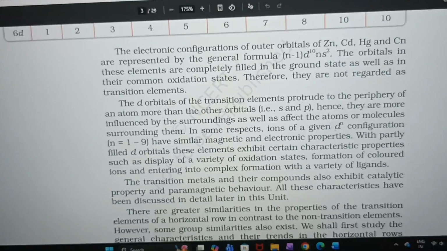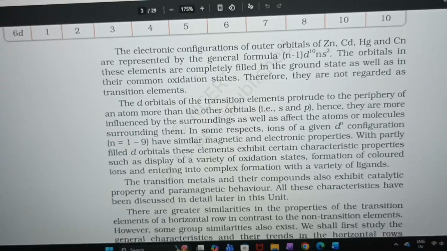Now if suppose you're getting two ions that are having d6 and d6, if that is the same, then they will have similar magnetic and electronic properties. And with partly filled d orbitals, there are some characteristic properties: variety of oxidation states, like one element will have many oxidation states, which we will see further, and formation of colored ions.